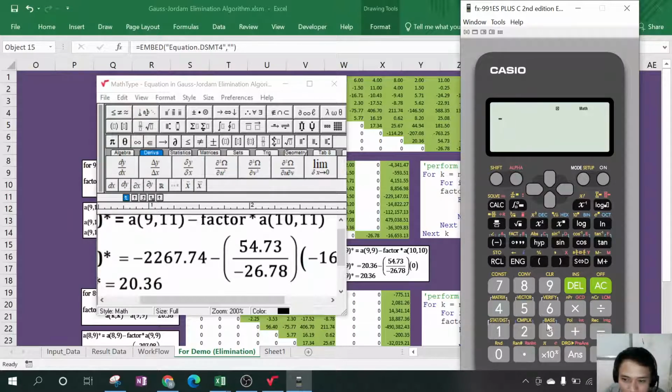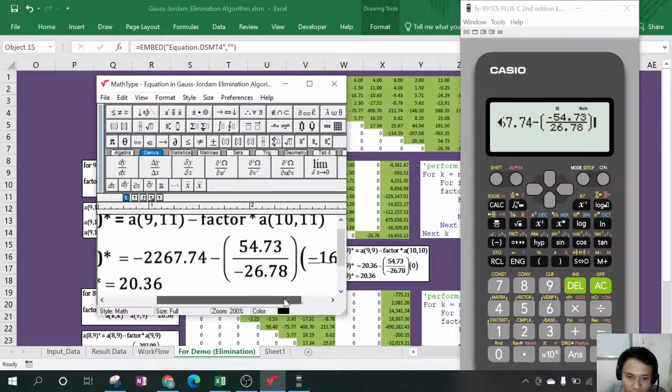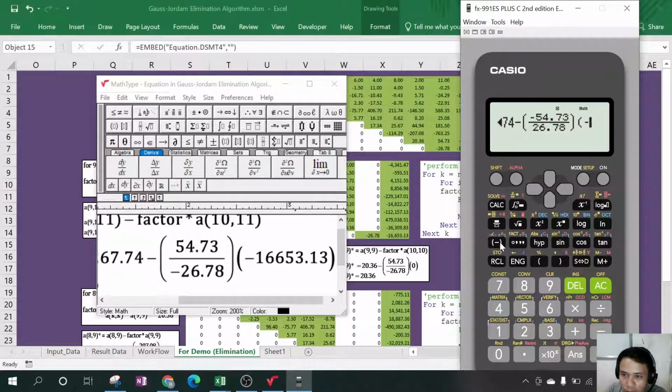Negative 2267.74 minus negative 54.73 over 26.78, okay, the negative I have inputted on the upper side. Then multiplied by negative 6,653.13.